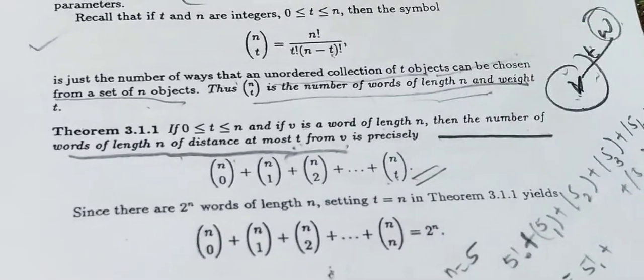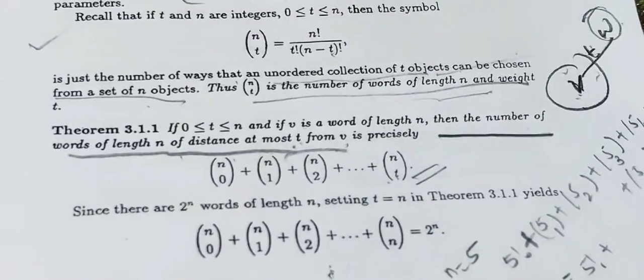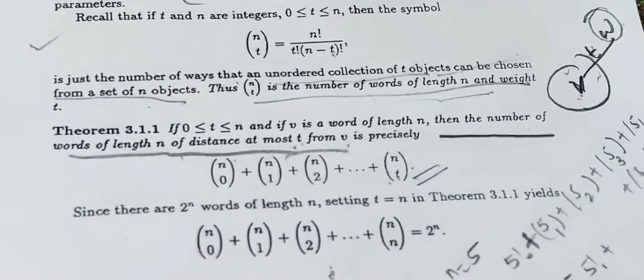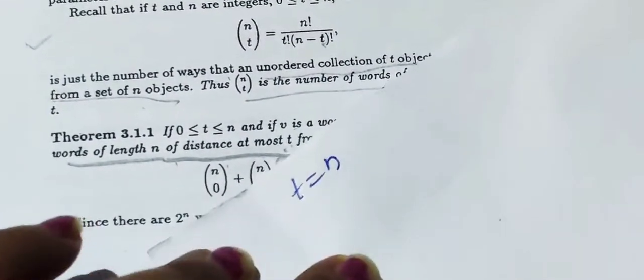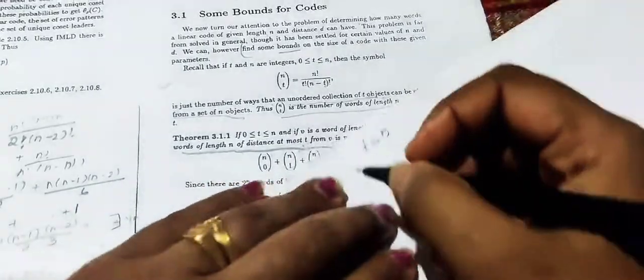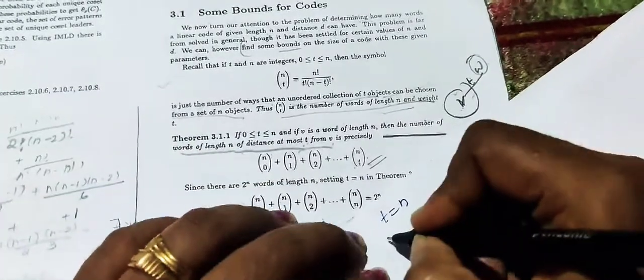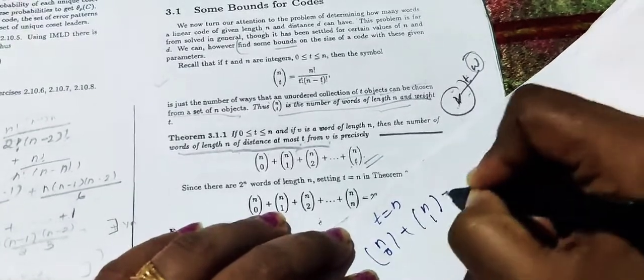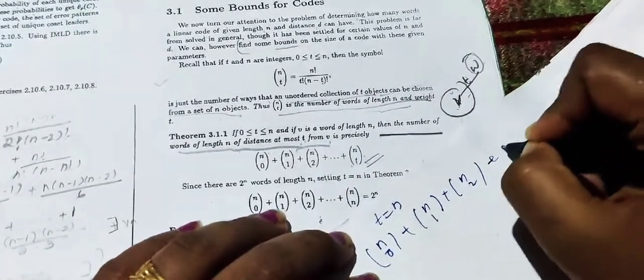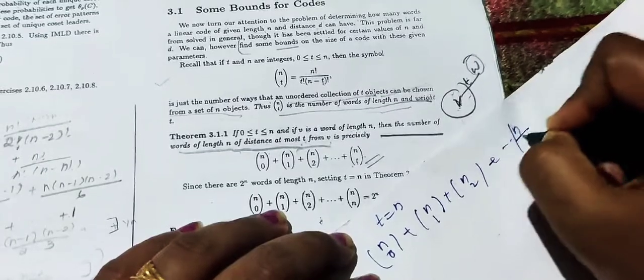nC0 plus nC1 plus nC2 plus etc. up to nCt. Okay. If t is equal to n, so suppose setting t equal to n, what do we have? nC0 plus nC1 plus nC2 plus etc. plus nCn.